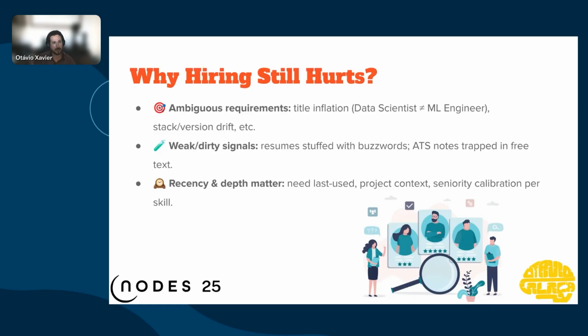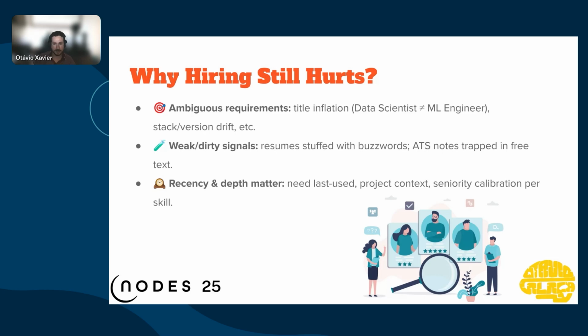The first thing I want to talk about today is why hiring still hurts. So I've found some reasons here. The first one is the ambiguous requirements. It's usually common to have ambiguities in job descriptions, like words that do not completely mean what they should mean.